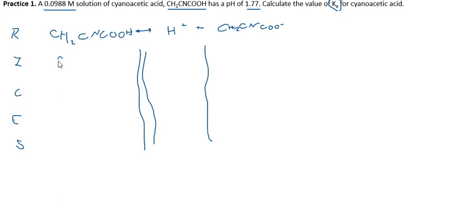I don't need to calculate it. So let's plug that in to our RICE table. My initial concentration of H plus and the conjugate base can both be assumed to be 0. The reaction can only shift right because there are no products present initially.